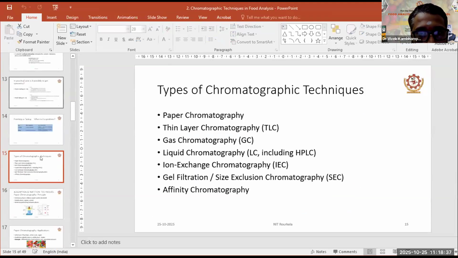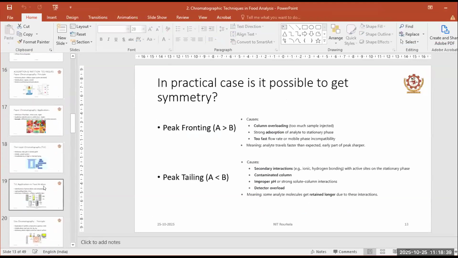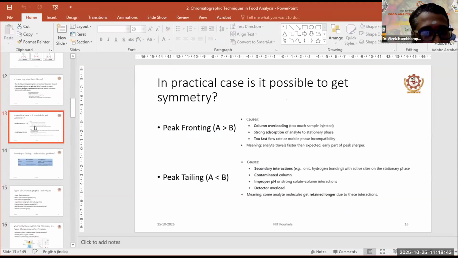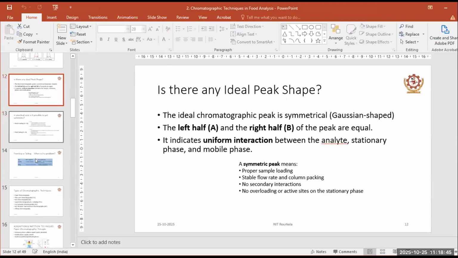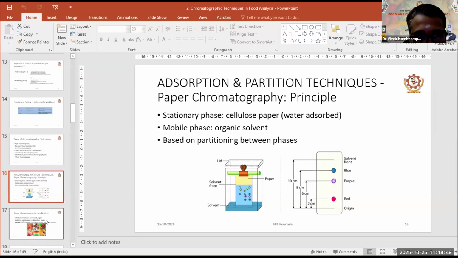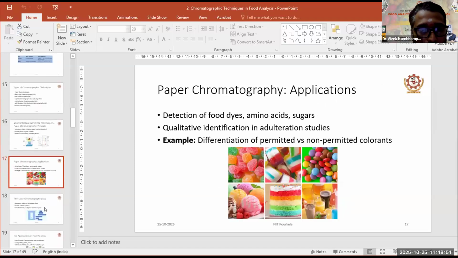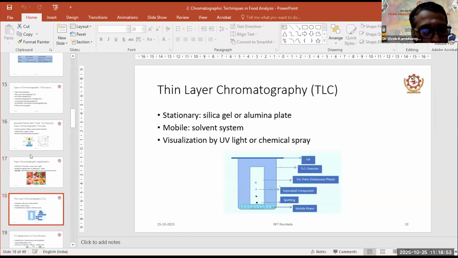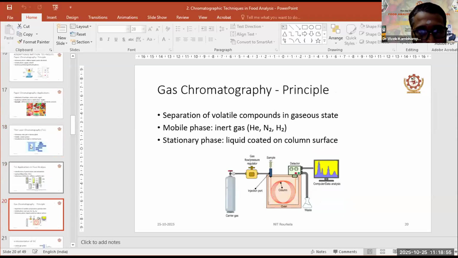Sir, I guess he is talking about the types of columns. The packed column, capillary column. Okay, normally different types of columns can be used, right? So in the packed column, normally solids will be used inside the column.